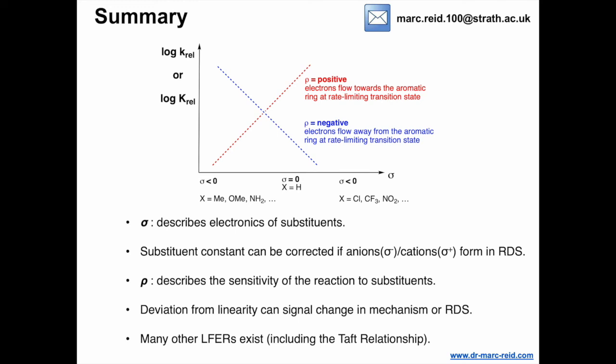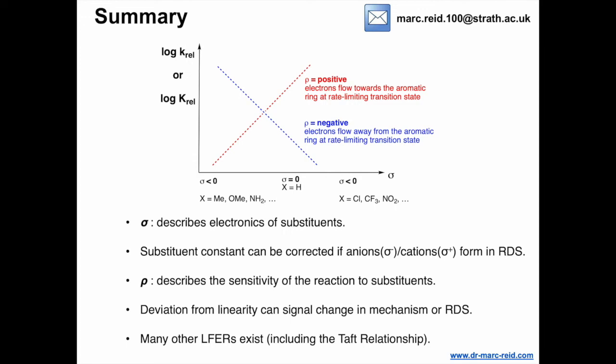The sigma value denotes the electronic effects of a substituent. That sigma value can be corrected for more specialised charge-bearing mechanistic regimes, i.e. using sigma plus or sigma minus. The rho value denoted the reaction constant and describes the sensitivity of the reaction to the presence of substituents relative to the sensitivity for substituents in a reference reaction.